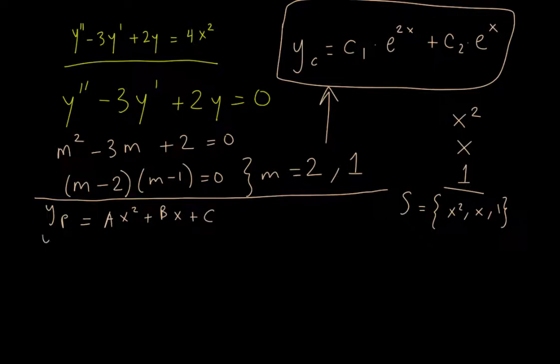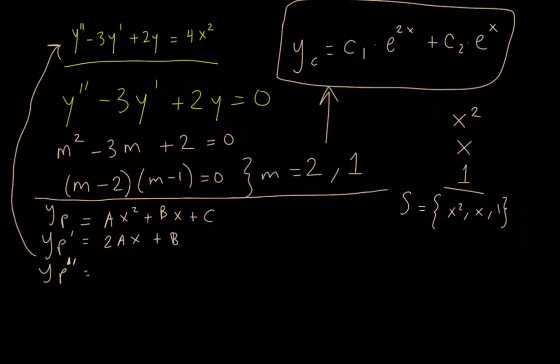We're going to take two derivatives, then plug these into our initial differential equation and solve for a, b, and c. So y prime would be equal to 2ax plus b, and the derivative of the constant is 0. And for y double prime, we get 2a, and the derivative of b is just 0.